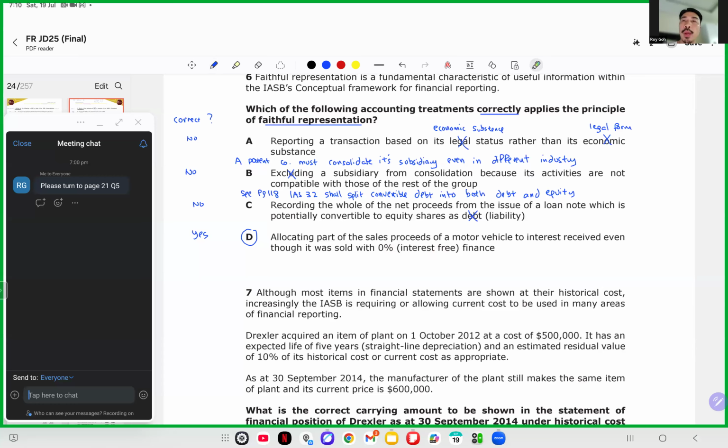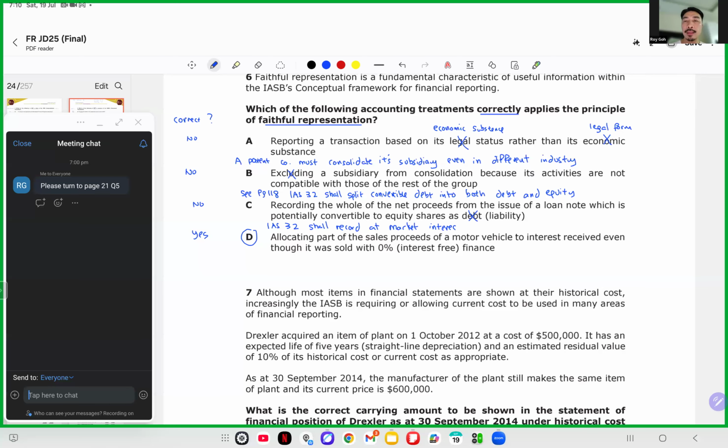Well, this is where you still apply the same IAS 32 to record at the market interest rate.